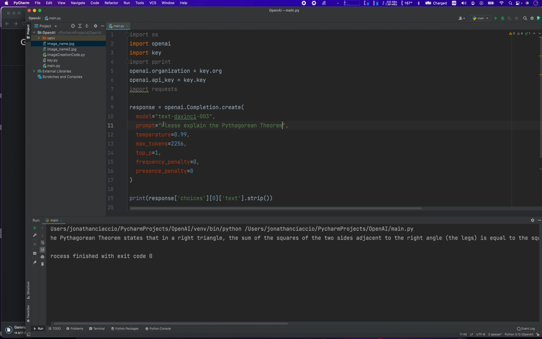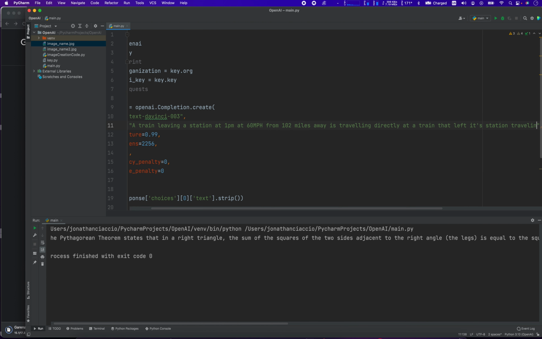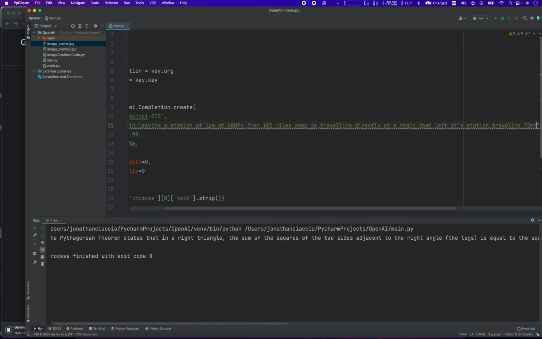Maybe we can do some physics. A train leaving a station at 60 miles per hour from 102 miles away is traveling at 1 p.m. directly at a train that left its station traveling 72 miles per hour.